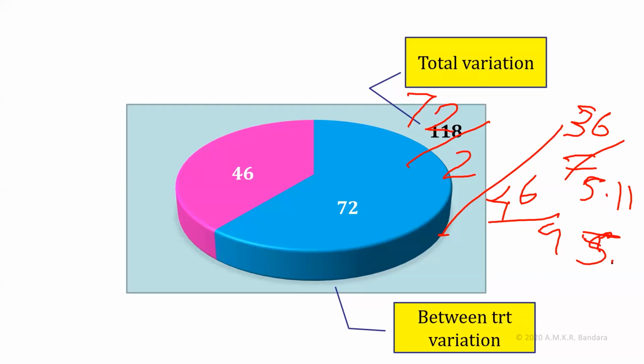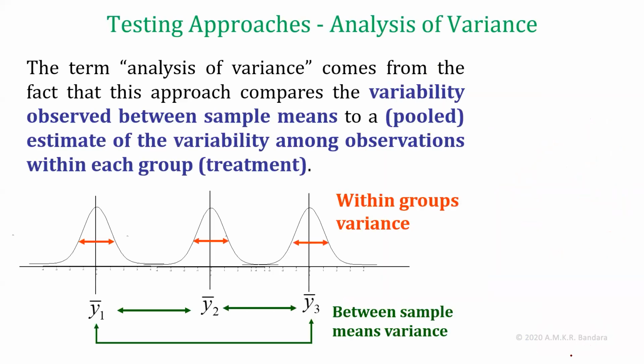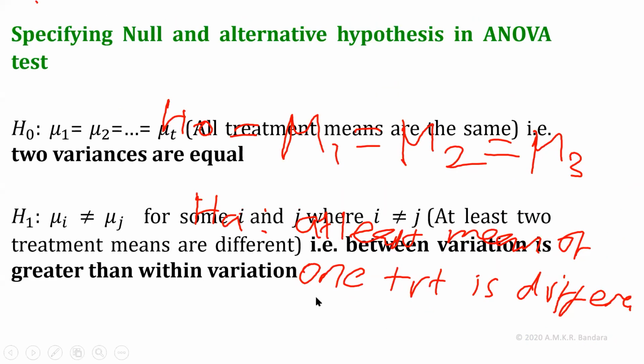This is greater than our 4.26 table value. Therefore, we can conclude our null hypothesis is rejected. That means at least one treatment is different from other treatments.